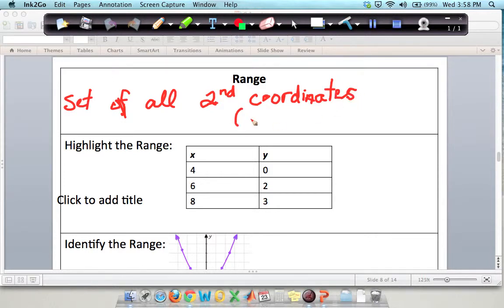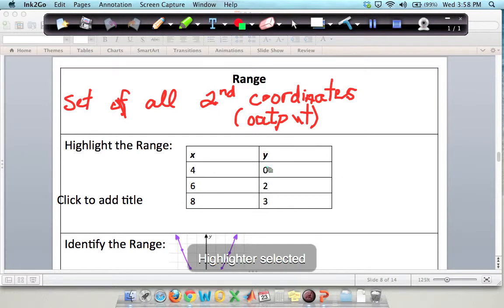And this is our output. So an example before, that was our cost for our gas. Okay. So for this range, I want to highlight my range, or my output, and in this table, it would be my y values: 0, 2, and 3.